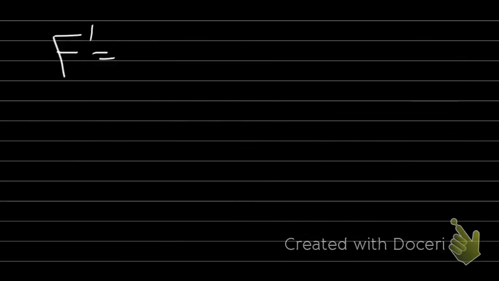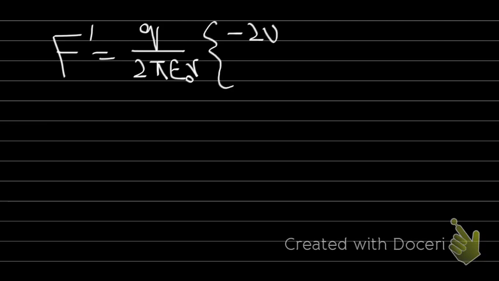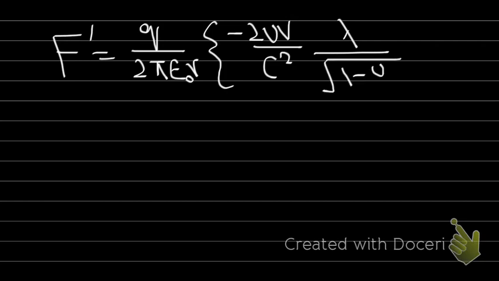My f prime was equal to q over 2 pi epsilon naught r times the negative 2 uv over c squared times lambda over under the root 1 minus u squared over c squared.